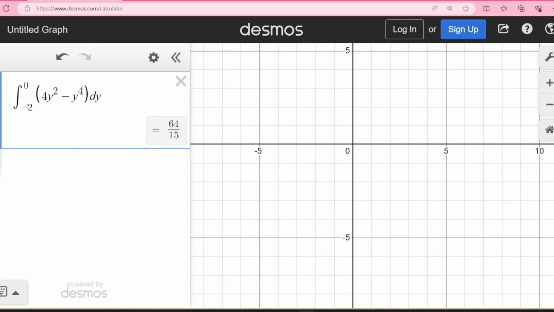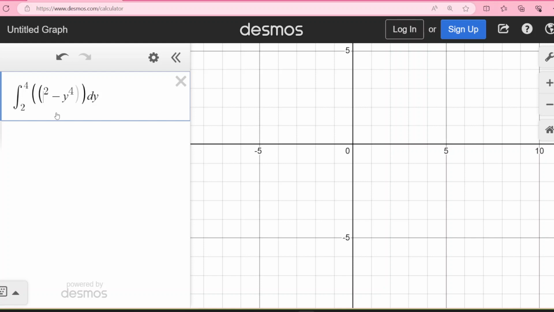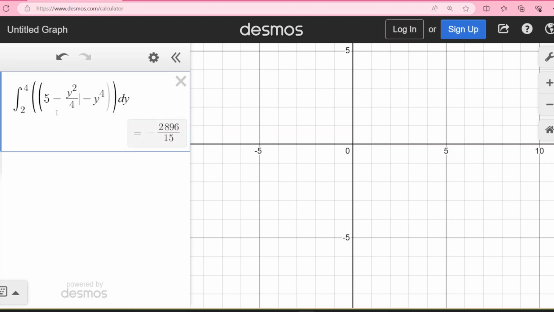So we're integrating from 2 to 4 of (5 minus y squared over 4) squared, then minus the quantity (5 minus y) squared.